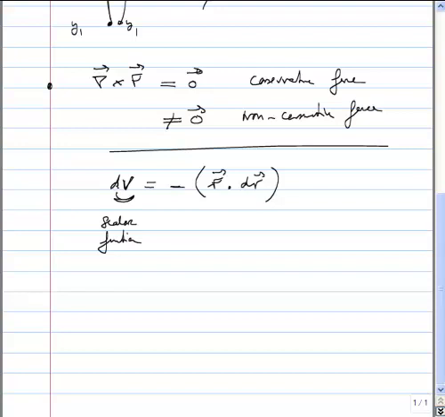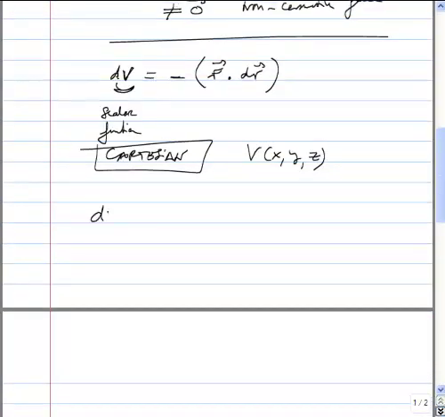So let's do this in Cartesian. And you can do the same thing in polar or cylindrical, spherical, whatever. So if dV is a scalar function, then it might be expressed as a function in terms of the x, the y, and the z coordinate.